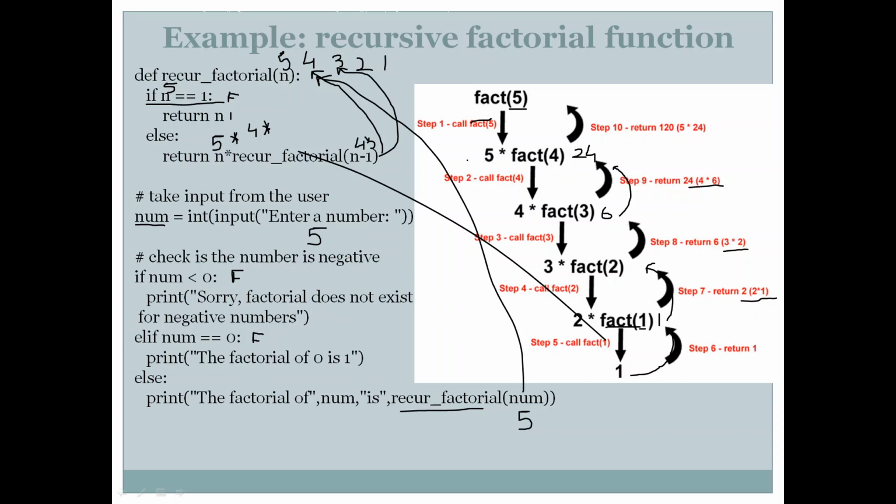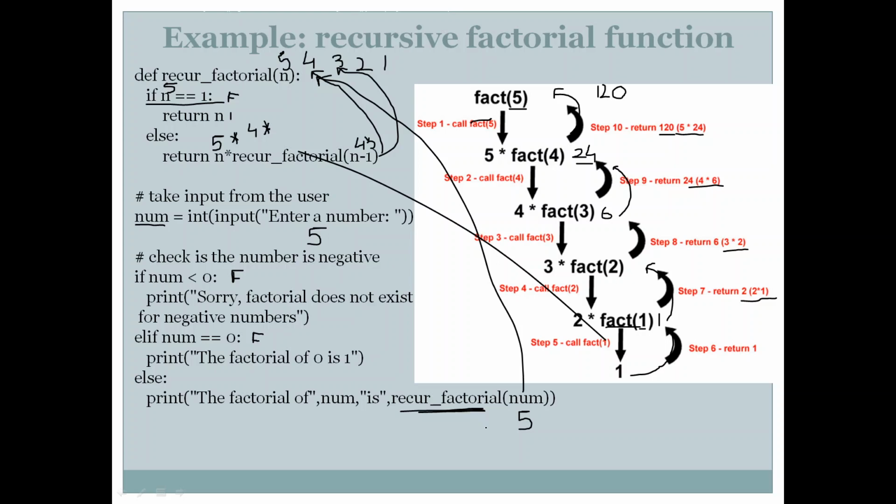And lastly, it calculates 5 into 24. 5 into 24 is 120, and that 120 is returned to the actual first call to the function which we made from here. So at the end the value which is returned is 120. As the function was called initially from the print statement, it will simply print the value 120.